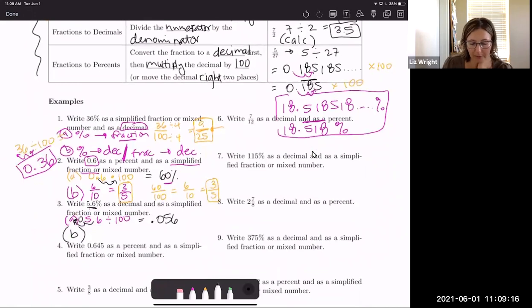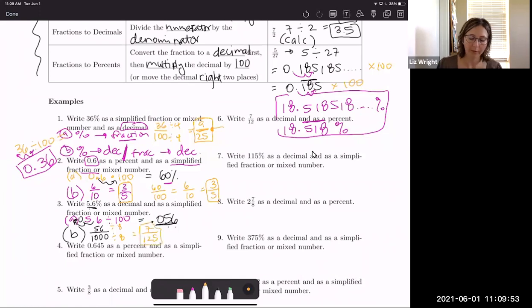Or what I'm going to do is I'm going to start right here. Here's my decimal. This is tenths, hundredths, thousandths. That's 56 thousandths. So I'm going to do 56 over 1,000. And then I am going to choose to reduce here. And it looks like 8 is going to be the number that's going to come out, our greatest common factor. So let's take an 8 out, which is going to leave us with 7 over 125.